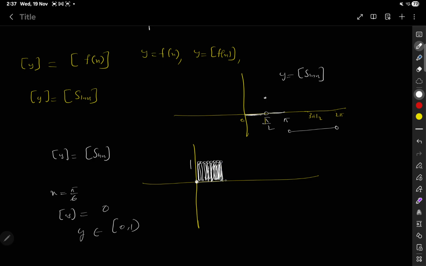But at pi by 2, this is not the graph. At pi by 2, what will happen? You can substitute. When x is pi by 2, what is step y? 1. So what is y value? 1 to 2. Okay, so it will go above.